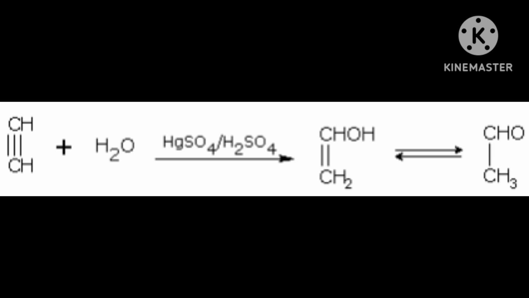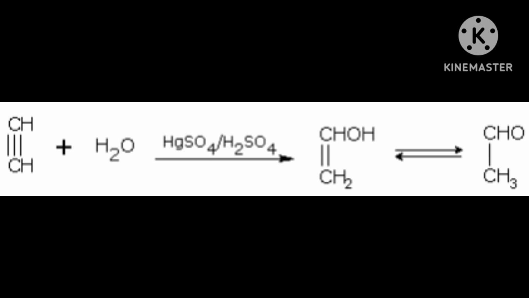The double bond will become a single bond, correct, and carbon and oxygen will become a double bond as previously. The H of OH will go to the CH2, and that becomes CH3.